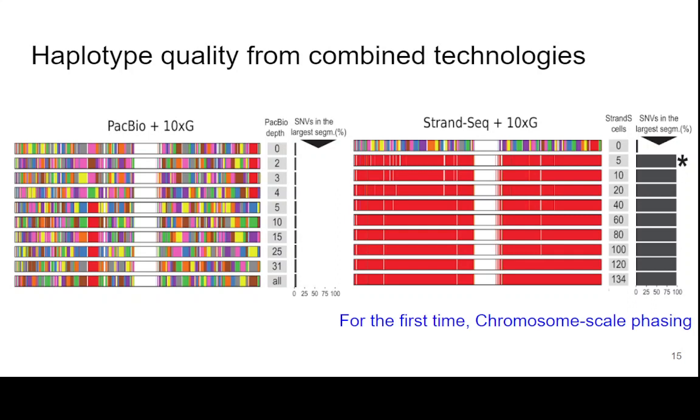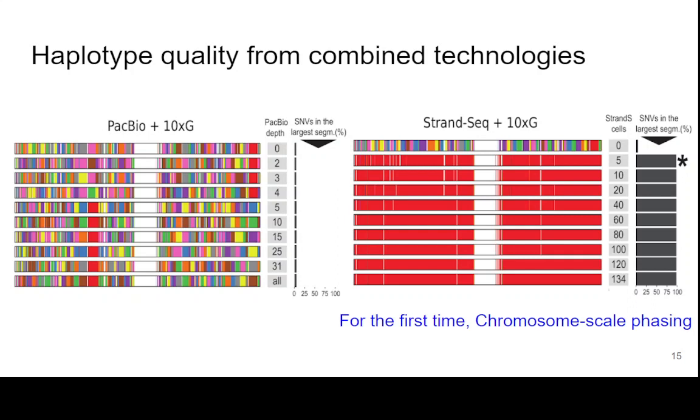And then there are centromeres which we cannot phase yet. So the ideal case would be if we see one color through the whole chromosome. That's our goal. When we combine PacBio and 10X, we still observe a lot of colors, meaning the phasing is still fragmented.